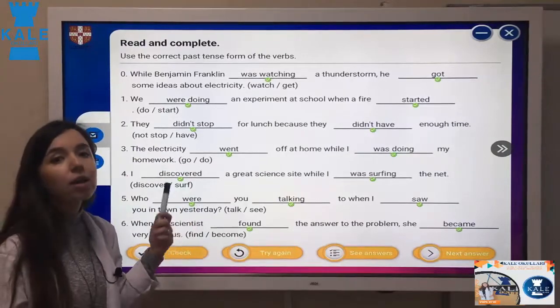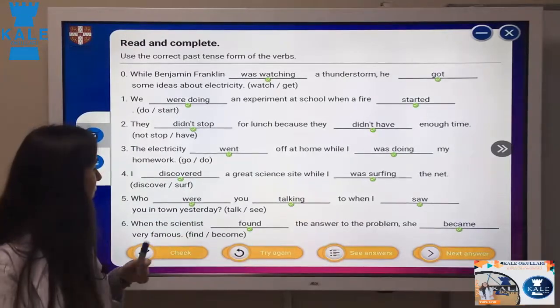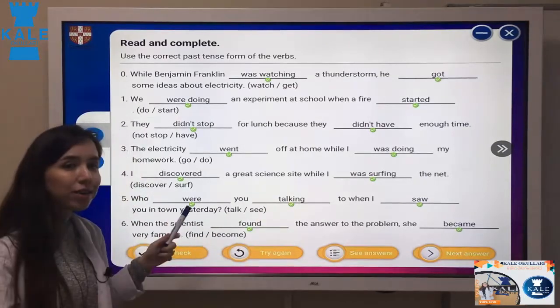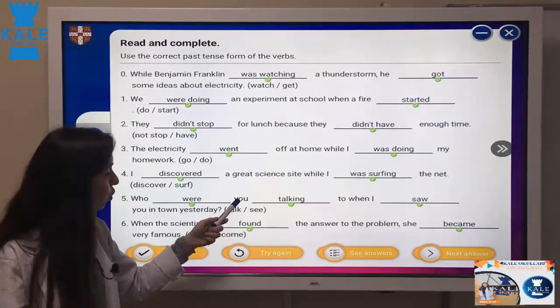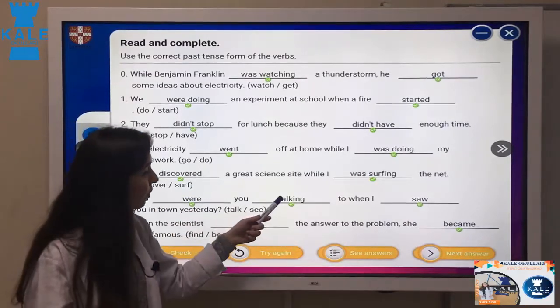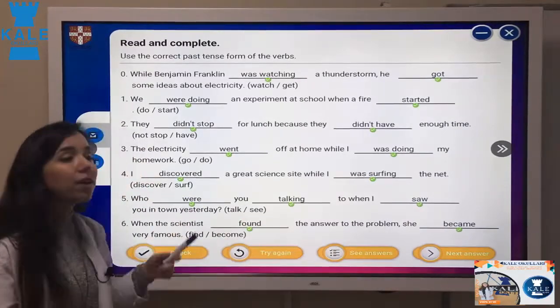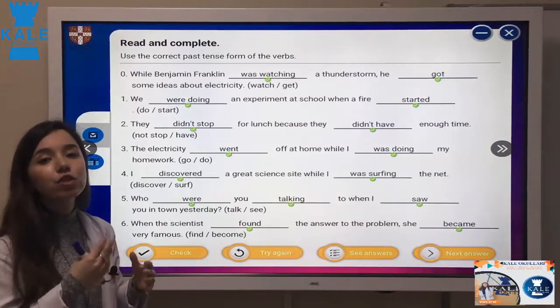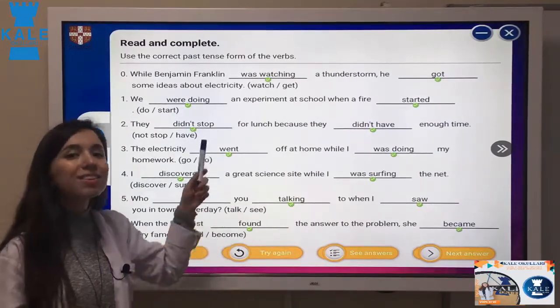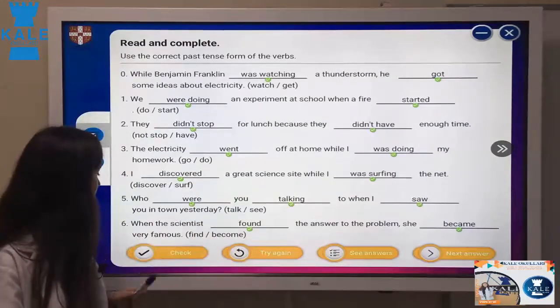Here, normally, we have to use past continuous, yes? Who were you talking to? It's a question form because here we have you, so were is coming here, and then talking with ing. But if we have I here, if we have she, he, it, so who was she talking? Who was he talking?